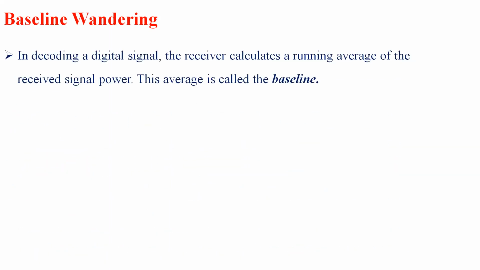So next we have baseline wandering. The next important characteristic is baseline wandering. In decoding a digital signal, the receiver will calculate the running average of the received signal path. So it calculates the average of the signal path which is received by the receiver. This average is called the baseline.